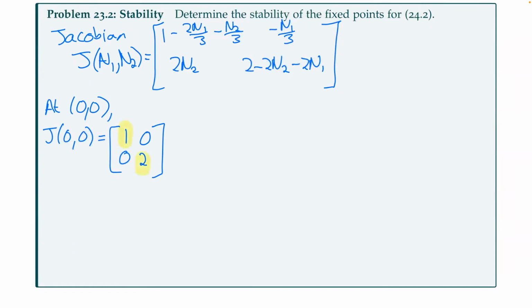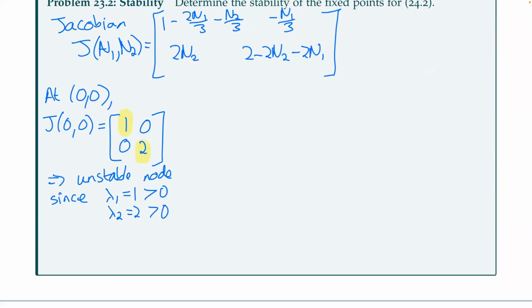They're both positive, which means that this is going to be an unstable node, since lambda 1 is equal to 1 and lambda 2 is equal to 2, which is greater than 0.